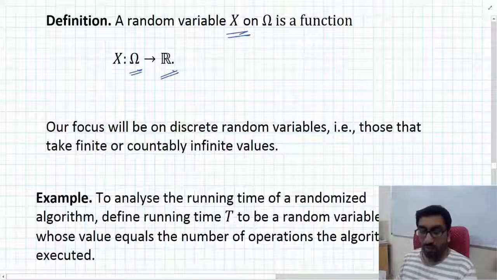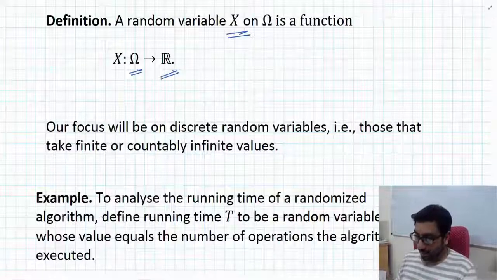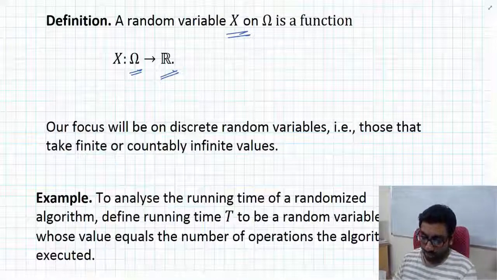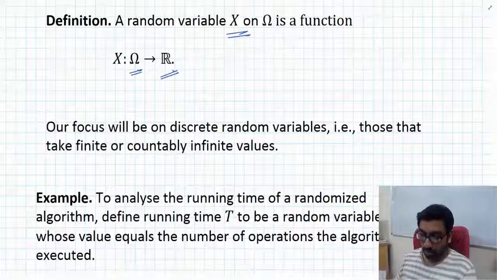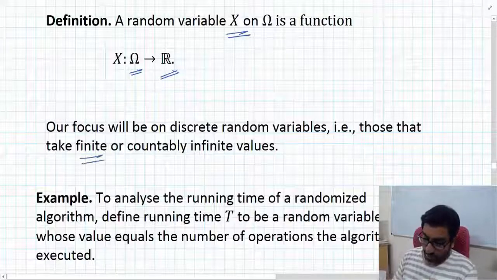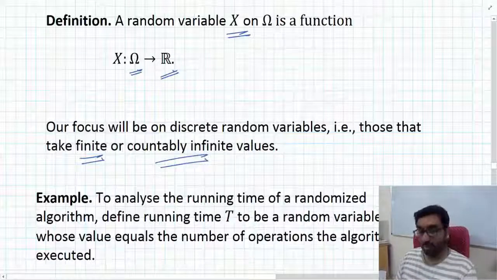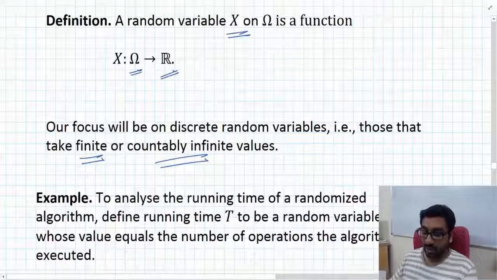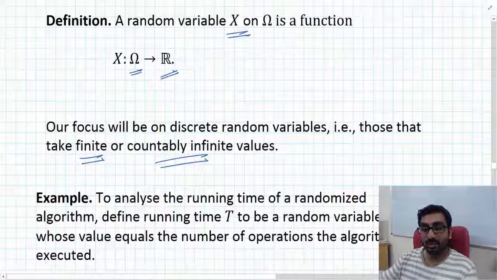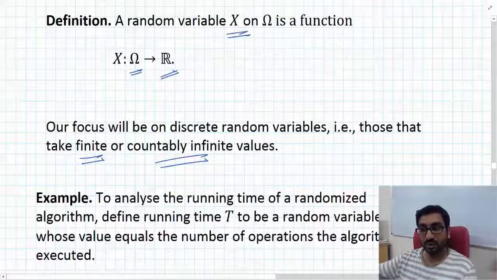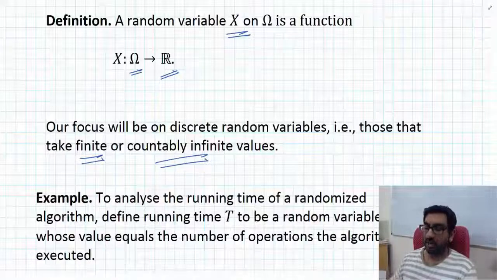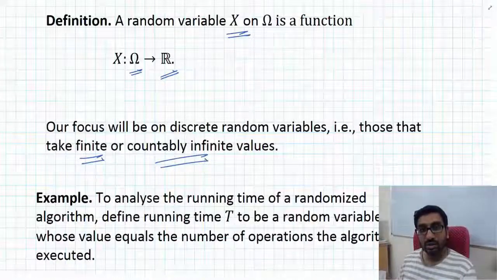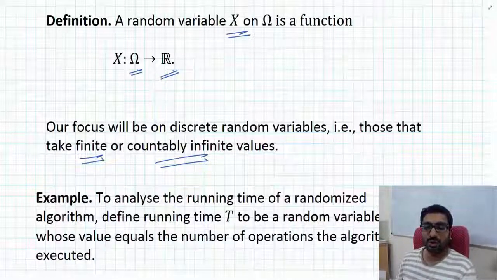And in particular, we will focus on discrete random variables, where the sample space elements will be mapped onto either a finite or countably infinite set of values. So now, every time an event occurs, the random variable X will take on a certain quantitative value, and we can use this to do quantitative analysis.